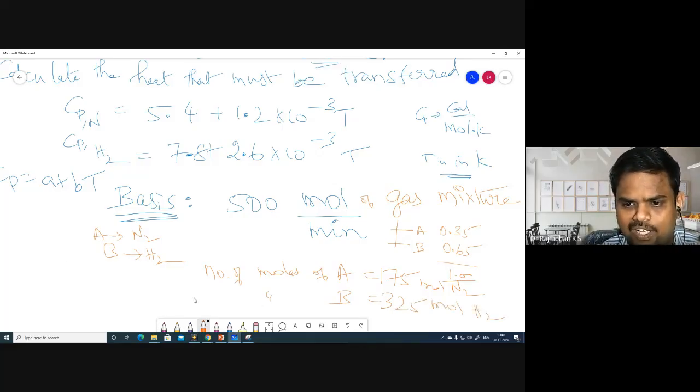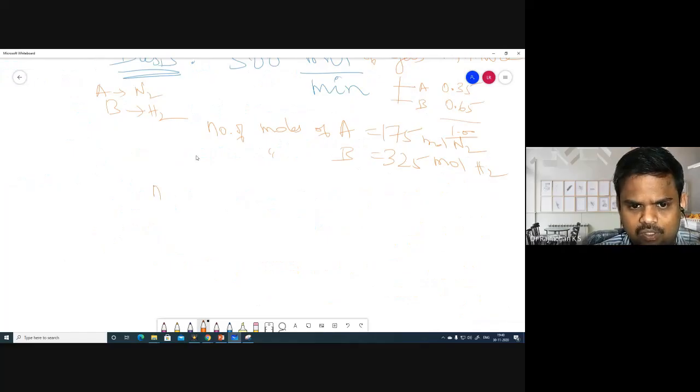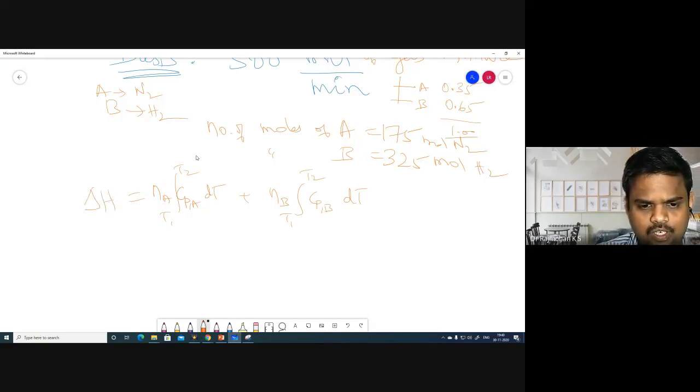So with this Na and Nb, I told you, it is Na into integral of Cp of A dt plus Nb into integral of Cp of B dt from T1 to T2. This will give me the heat to be removed or added to the system. So how much heat is transferred can be determined using the Cp data. We have Na value 175, Nb value is this.